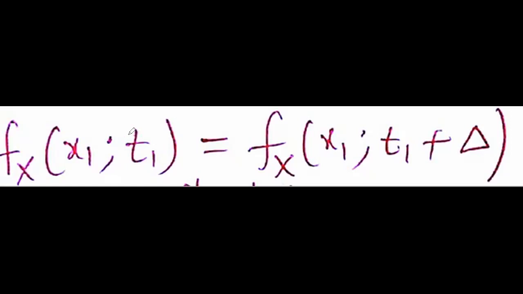And the equation to represent the first order stationary process is like this, that is fx of x1 comma t1. So this is t1 and this is x1, right?